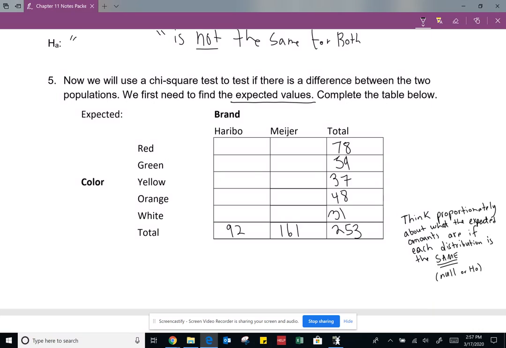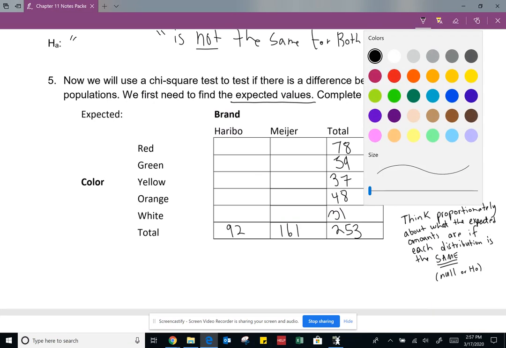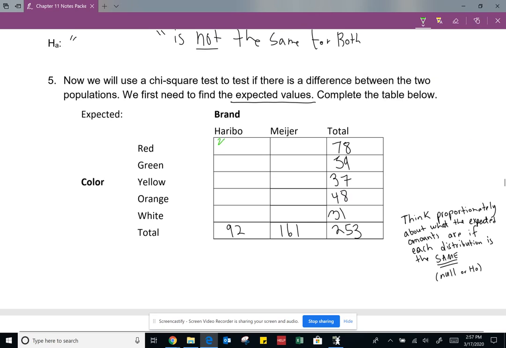The way you figure out that number, let's say we want to solve for the Haribo red to start. Proportionately, how many reds do we have? In our sample, we have 78 out of 253 gummy bears that are red. And that's going to give us some percent. And then you just multiply that by the number of Haribo that we have, which is not 95, it's 92.